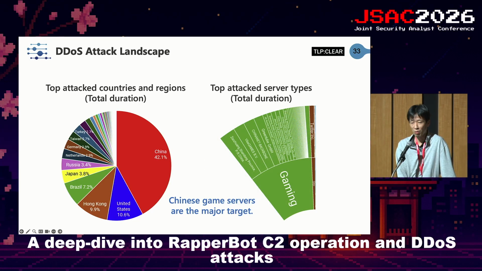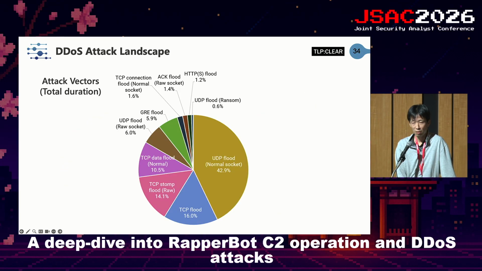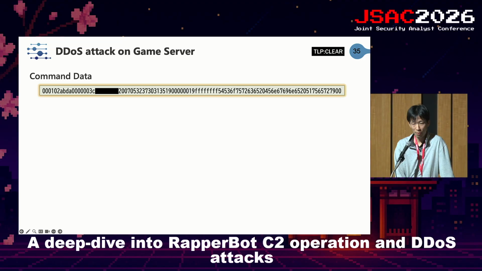The attacked server types, sometimes we do not know, but the majority appear to be gaming-related servers in China. Now, attack vectors. The simple UDP flood is the most common, followed by TCP flood. TCP stomp, TCP data are the attacks of sending large amount of data after TCP connectivities, and they're rather common too.